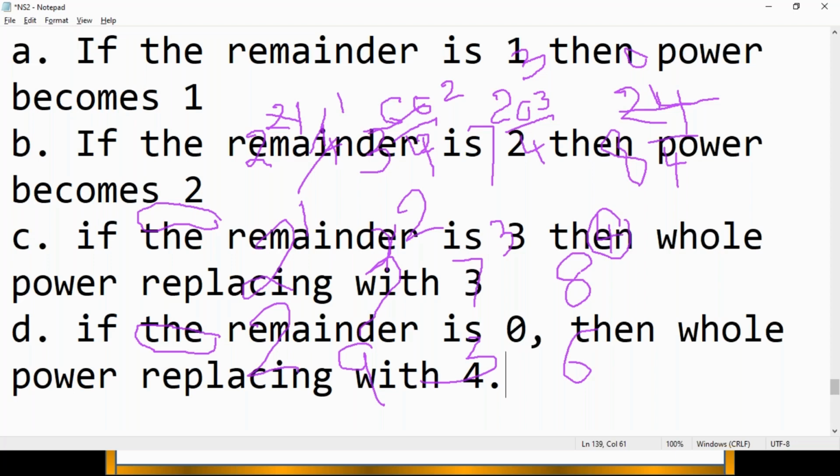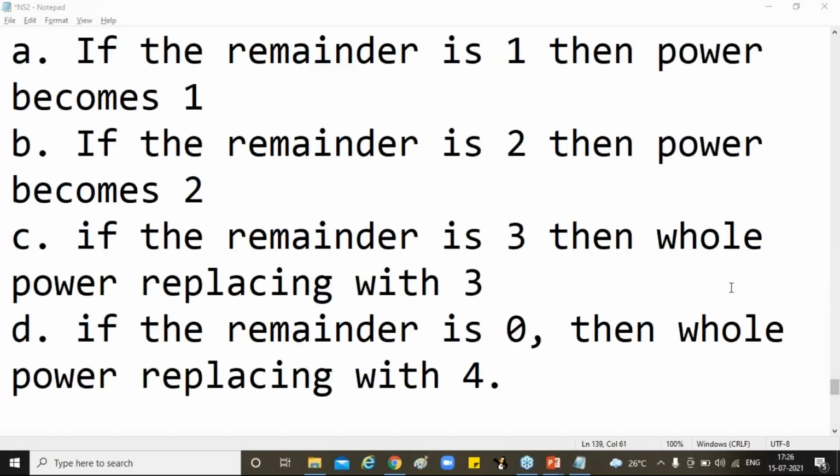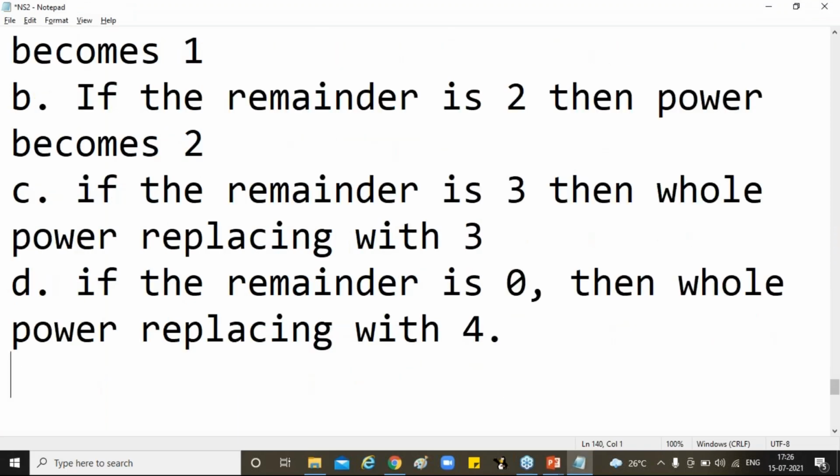So that is the complete concept of the last digit. Any doubt up to that? While solving example to example, you will understand the clarity.